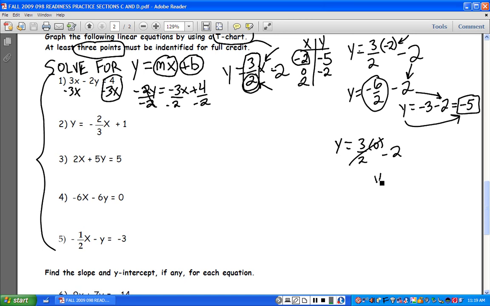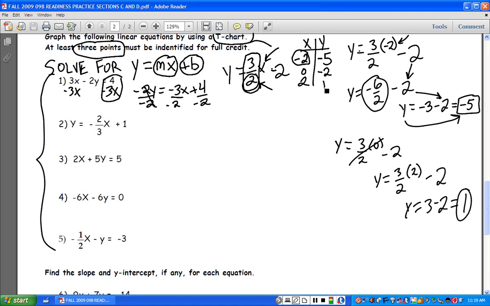So y equals 3 over 2 times 2 minus 2. 3 times 2 is 6. Across the top, 3 times 2 is 6. 6 divided by the 2 on the bottom is 3. So now we have y equals 3 minus 2, which is 1.